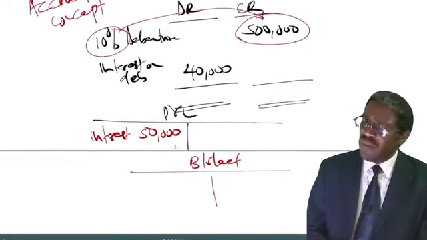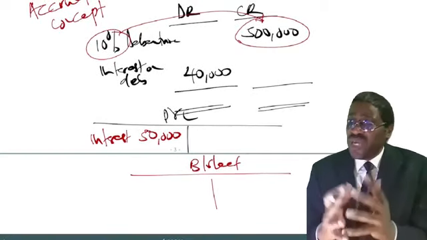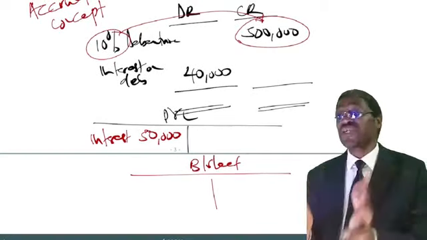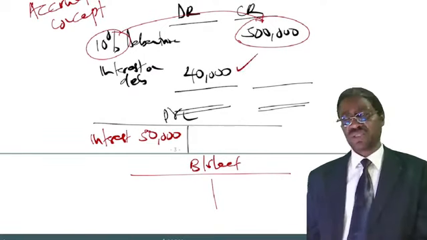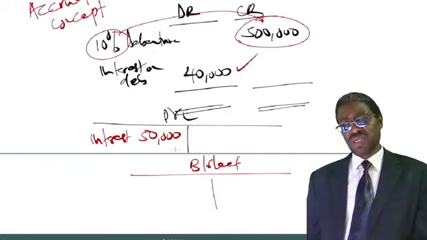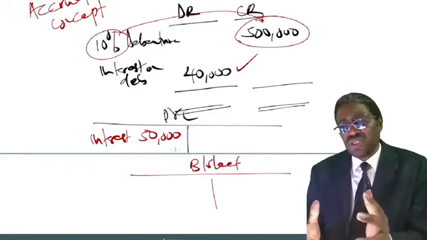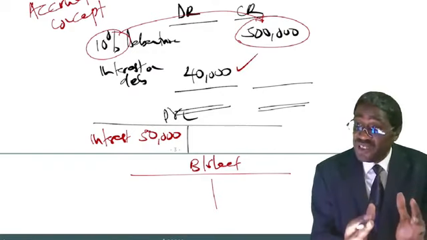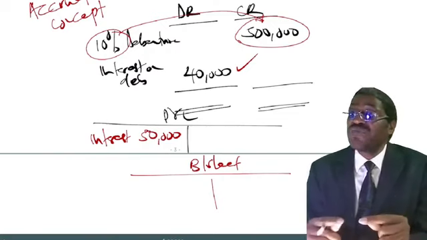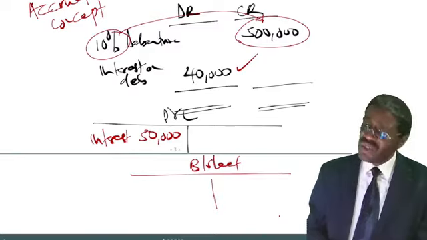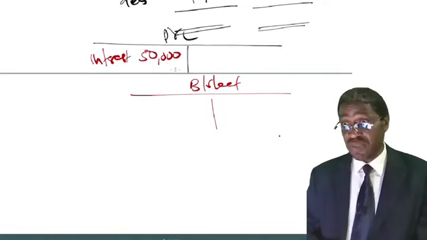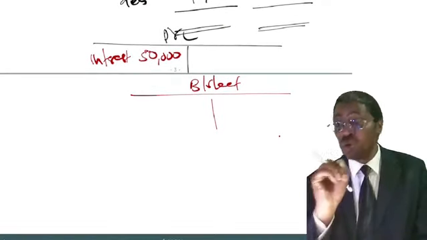According to this trial balance, I'm supposed to pay them 50, which is 10% of 500, but it looks like I've only paid them 40. So if I've only paid them 40 and I'm supposed to pay them 50, then it means I've not paid them another 10,000. That 10,000 which I've not paid to them, that's what I owe to them.